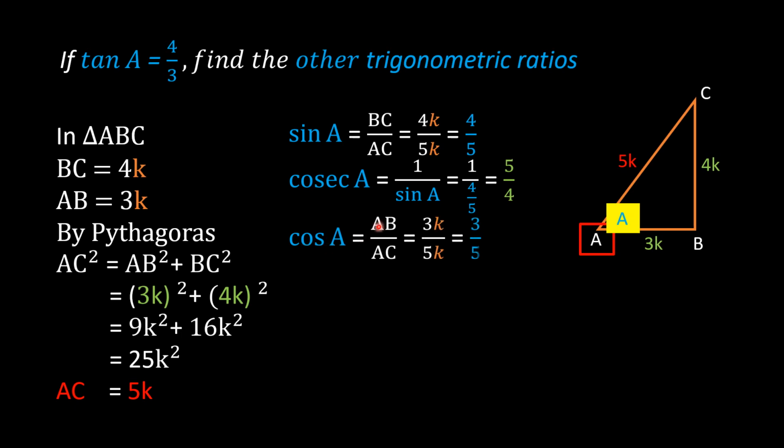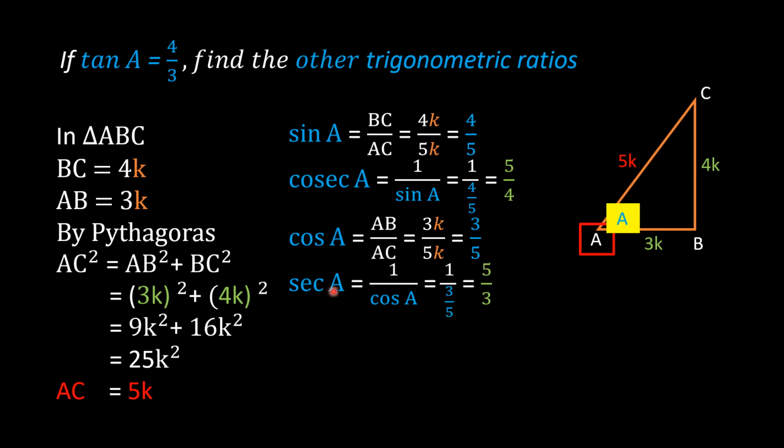Cos A will be AB divided by AC, that is 3K divided by 5K, which will be 3 divided by 5. So cos A is 3 divided by 5. Sec A is reciprocal of cos A. So we write sec A equals 1 divided by cos A, which is 1 divided by 3 divided by 5, which will be 5 divided by 3.